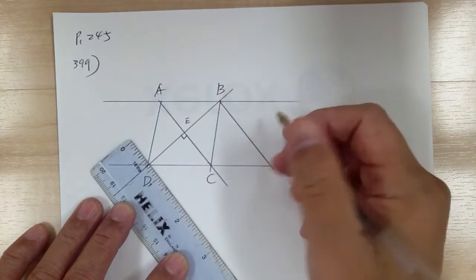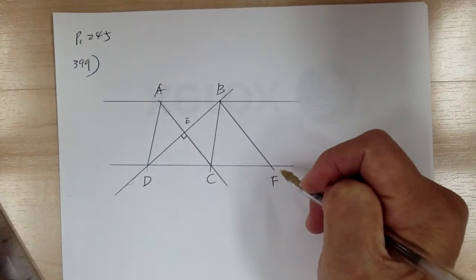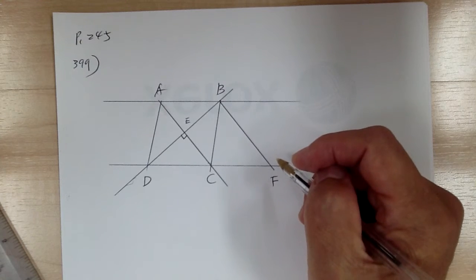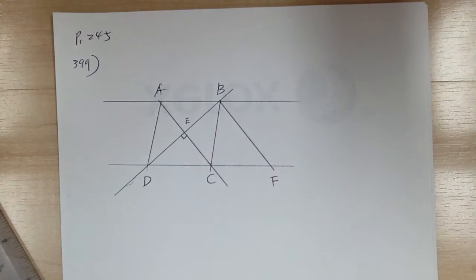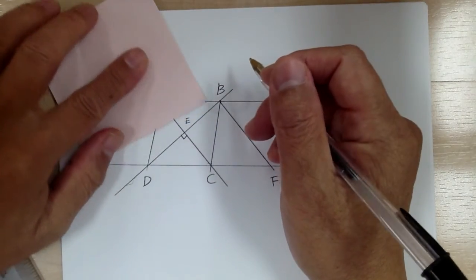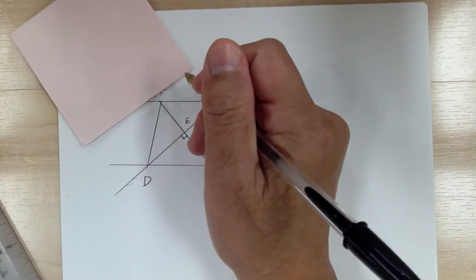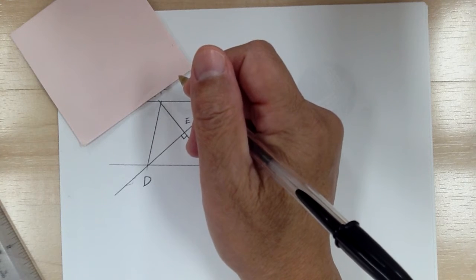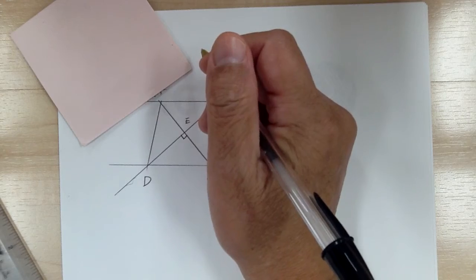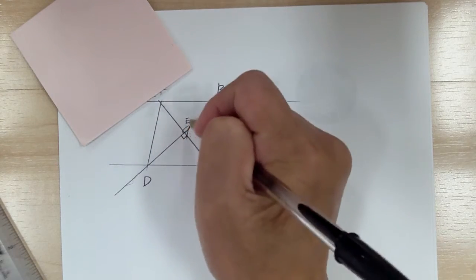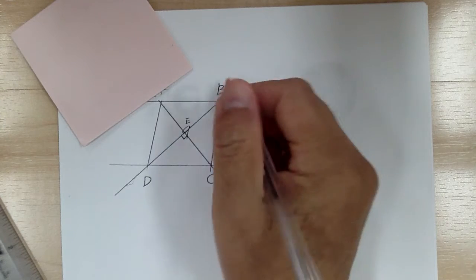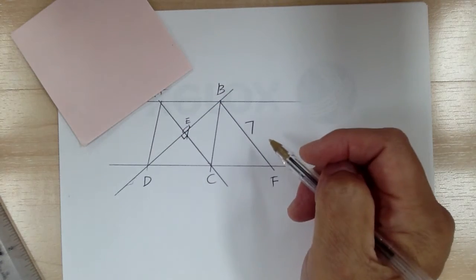So draw that and call this F. So you can see from here, this whole thing is 9, and if you go over this, it would be 7, and this would be a 9.